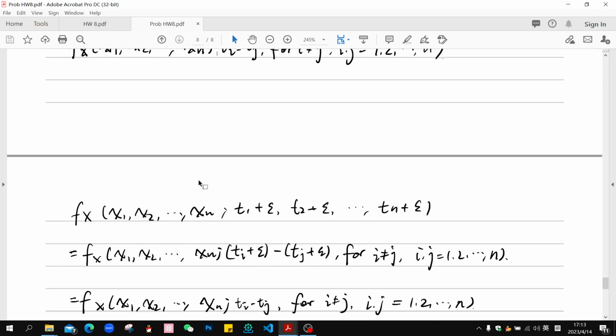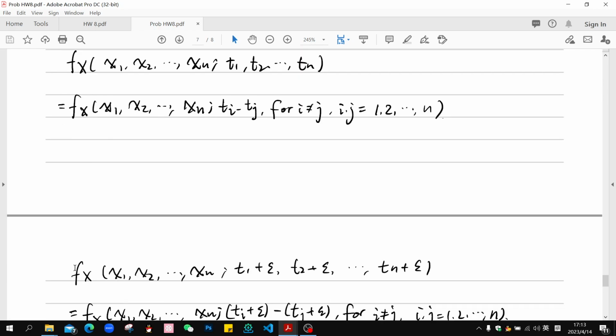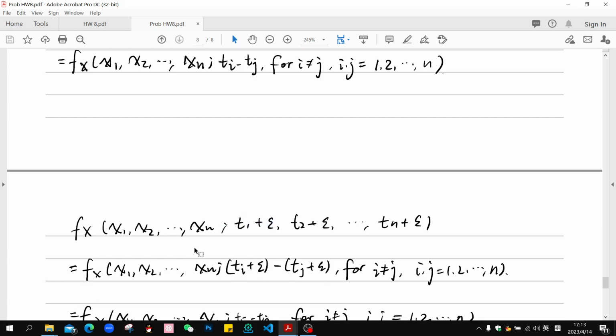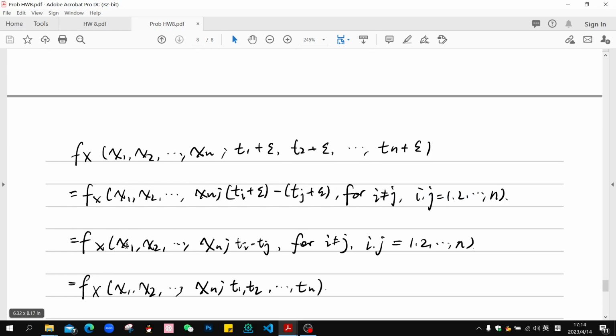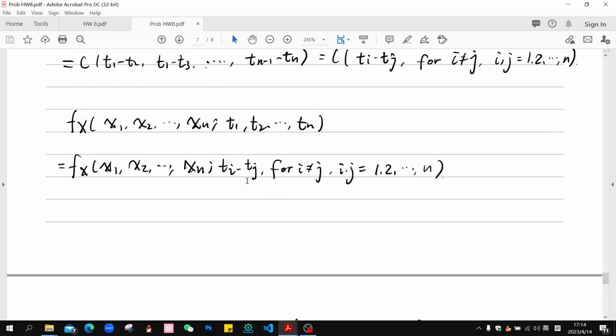We can now find that this expression here, in which all t's are added a small amount, epsilon, is actually f_X(x1 to xn; ti plus epsilon minus tj plus epsilon) for these i and j. And we can reduce this down to ti minus tj, which is exactly the same as this.